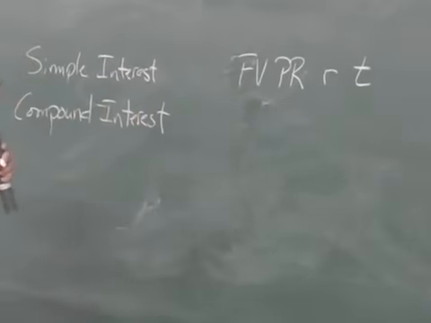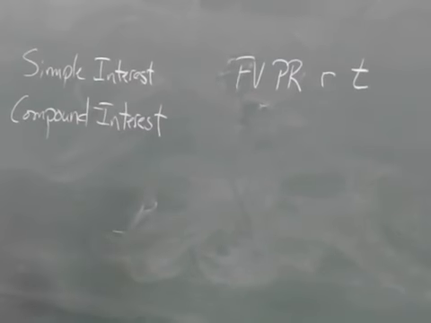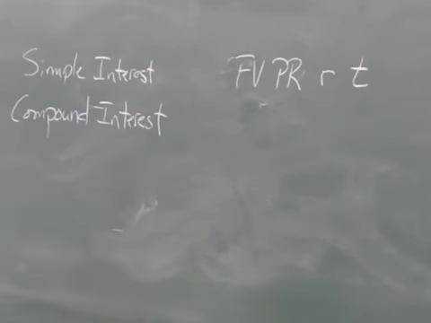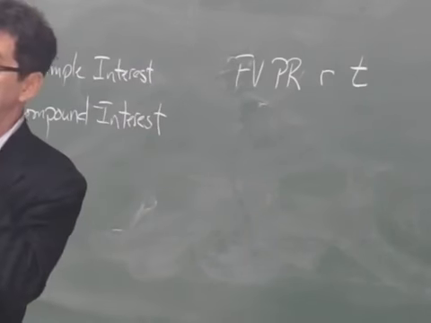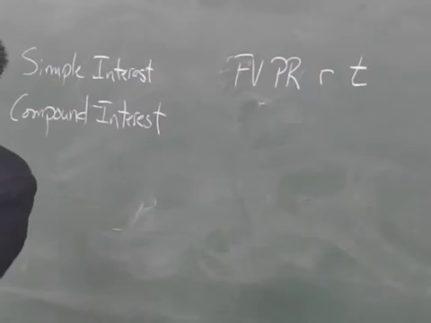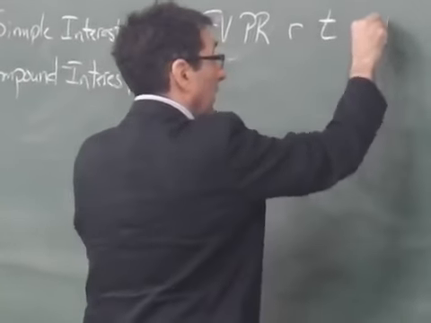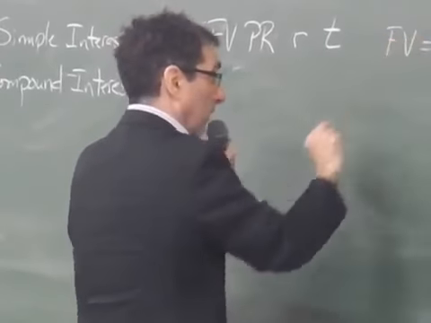Okay, so in simple interest we're talking about you have a certain amount of money that you put in the bank, and you have a certain interest rate that you're allowed to get, and you put it in for a certain amount of time. And you're hoping to know what? The future value of that, right? And the formula was what? Or that future value is what?